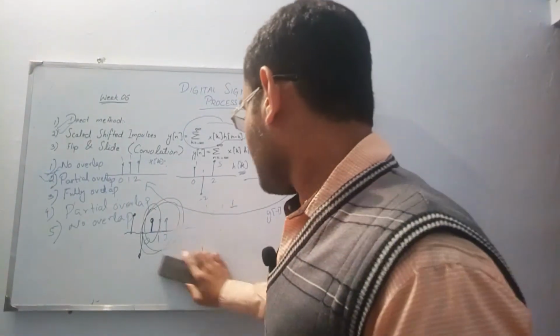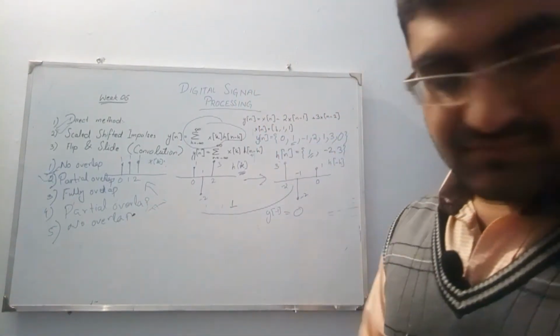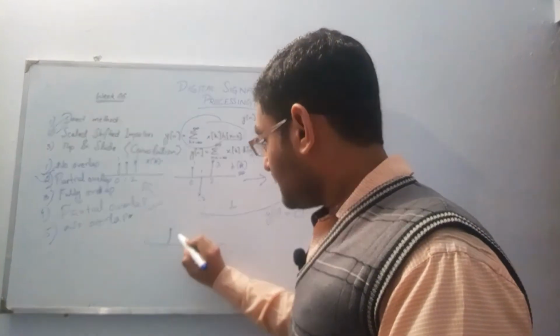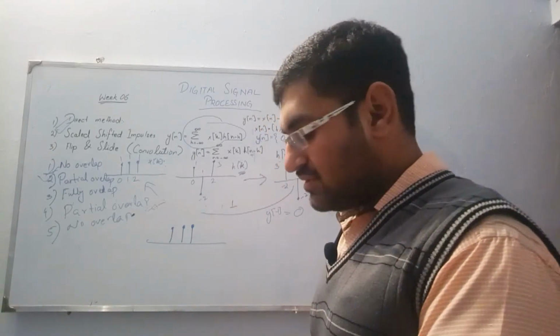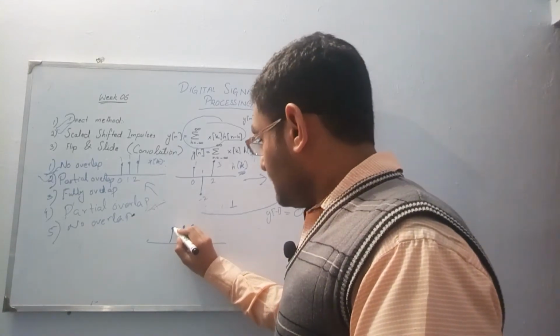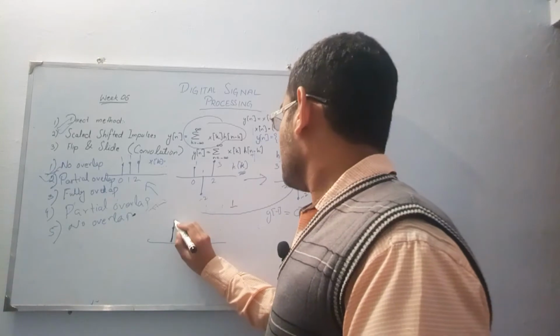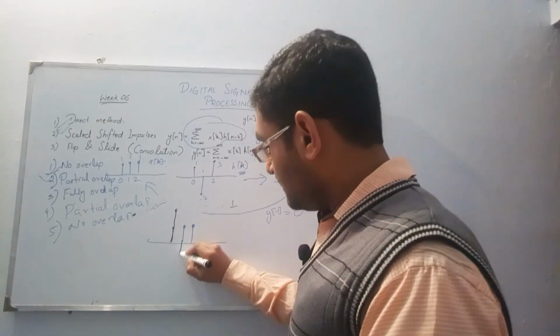Let me tell you how. So in fully overlap you have these three samples and these three samples overlap over there.